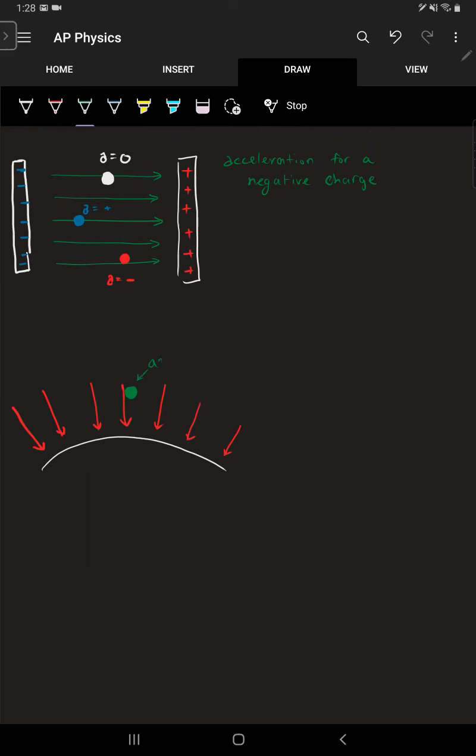This is an asteroid, right? It has mass. The asteroid experiences a force that goes downwards. Acceleration is experienced downward.